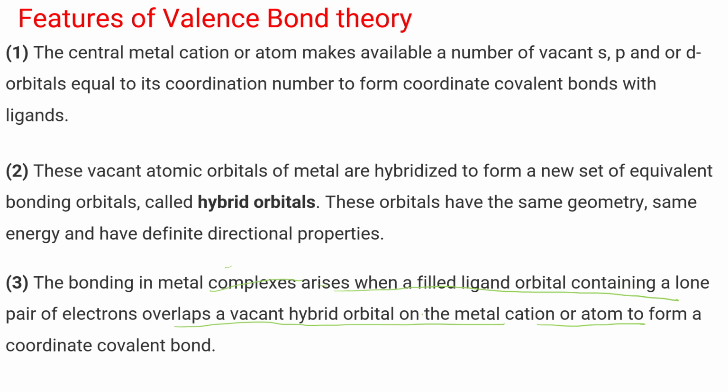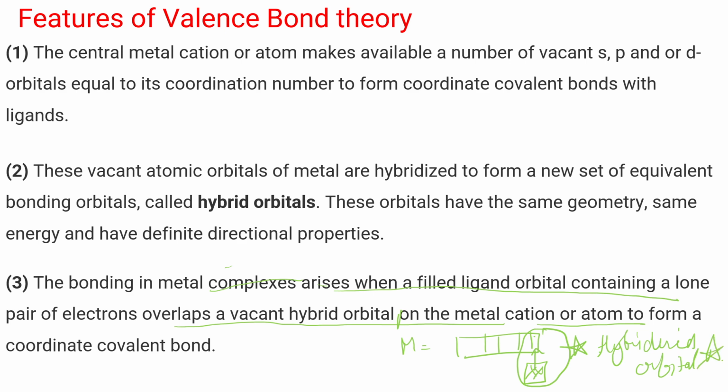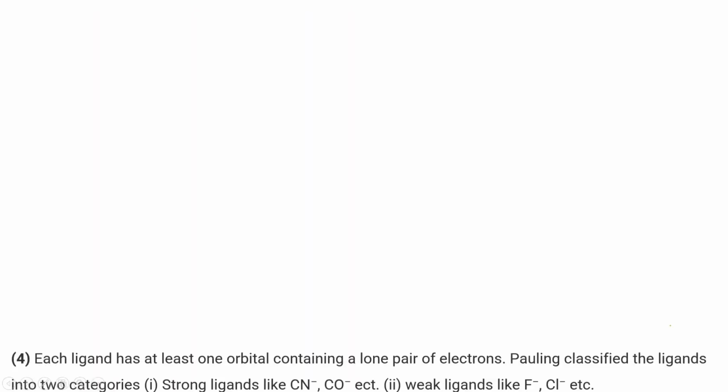I have already explained this, that the metal has these vacant orbitals. Ligands have their own filled orbitals. So these orbitals and the vacant orbitals combine and form hybridized orbitals and form different hybridization complexes.